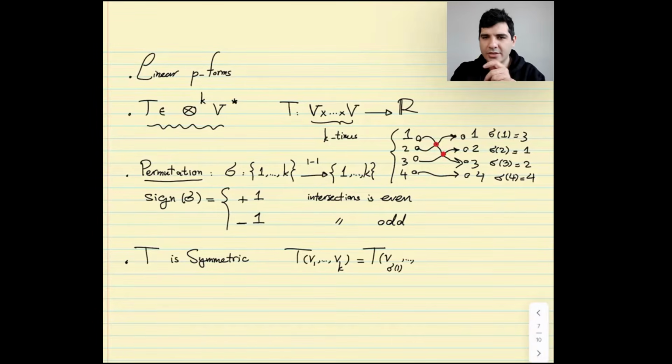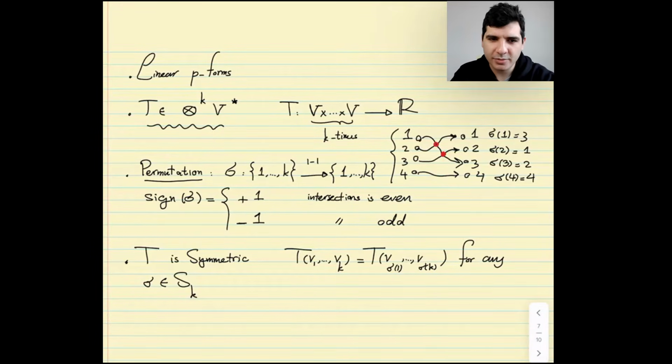In other words, if you change the order of these vectors following a permutation, the value of T would stay the same for any permutation and any set of vectors v1 to vk. The space of permutations on k elements is denoted by S_k. So it means for any permutation, T would stay the same.